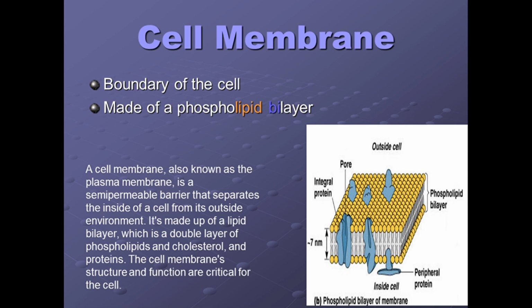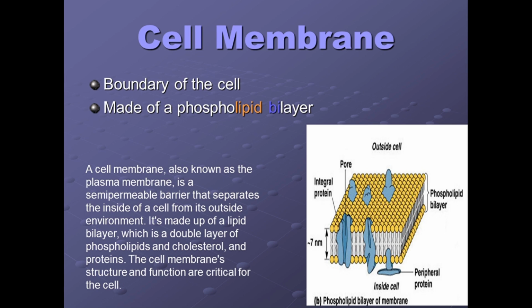The next component of the cell is the plasma membrane or cell membrane. The cell membrane, also known as the plasma membrane, is a semi-permeable membrane that separates the inside of the cell from the outside environment.